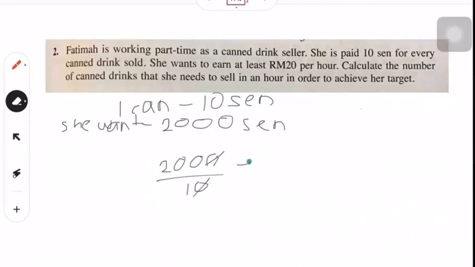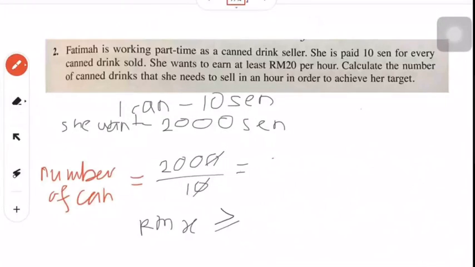Okay, when you do the 2000 divide 10. Yes teacher. Okay, what are you doing here? You're trying to find number of can. Yeah? Can. Yes. Okay, number of can.